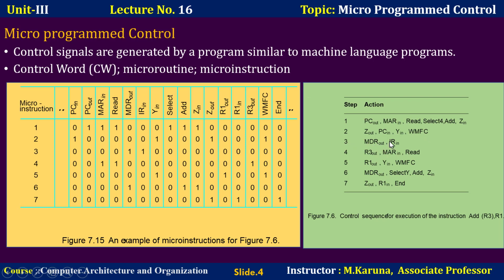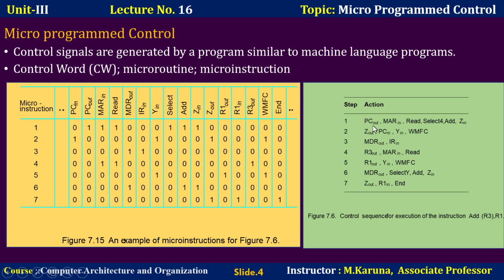Third step: MDR out, IR in. So these three steps are required to fetch the instruction first. Then the fourth step is fetching the first operand. Fifth step, getting the next operand from the R1 register. Sixth step, the addition operation is performed between the two operands. Seventh step, the output is transferred to the R1 destination.